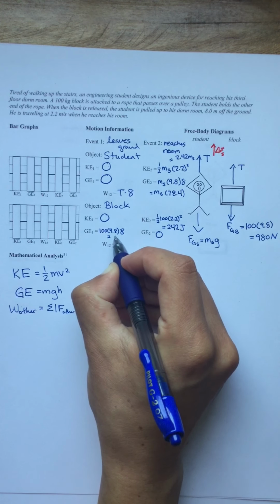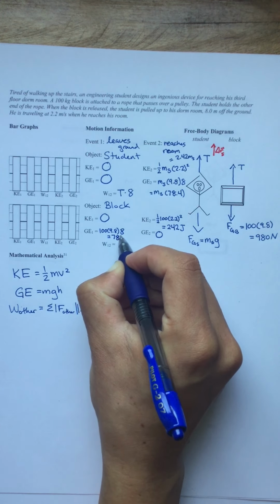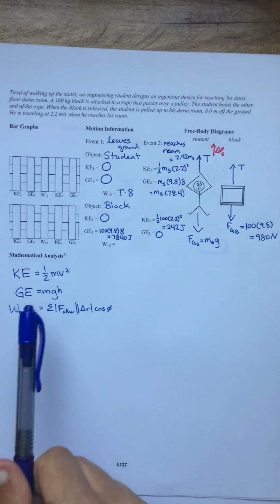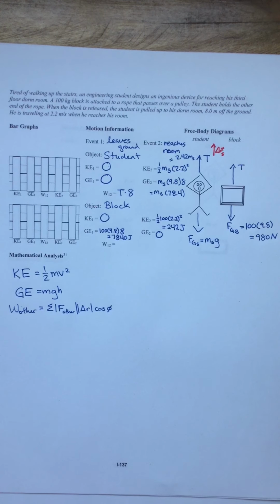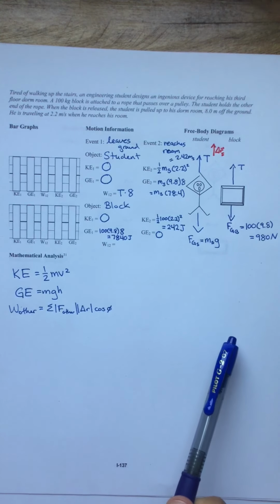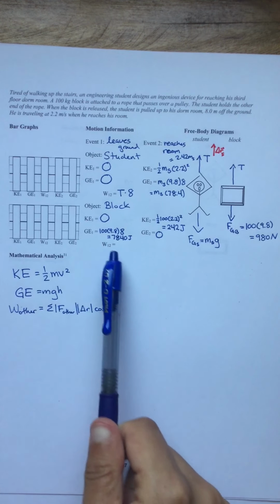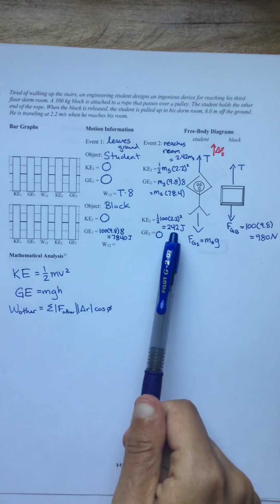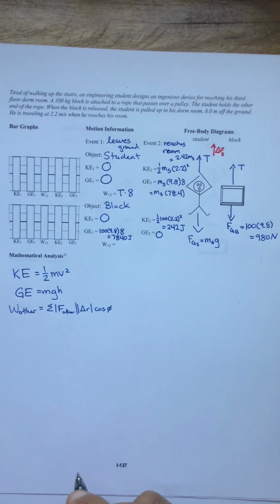That is 7,840 joules. Okay, remember that I want you to use the definitions to fill out the table, but if you don't have enough room to put everything in your table and you want to do some work down below, you can, but put the 7,840 in the table and the 242 in the table also.